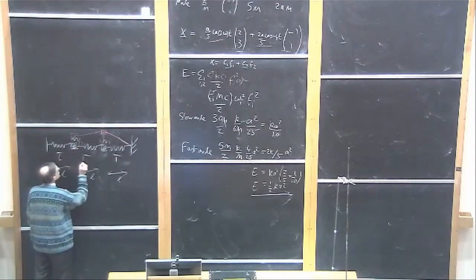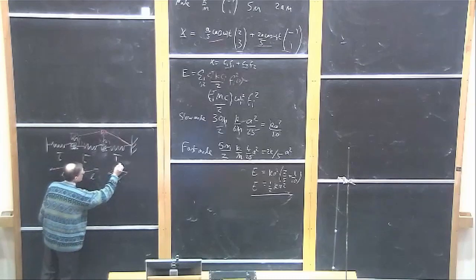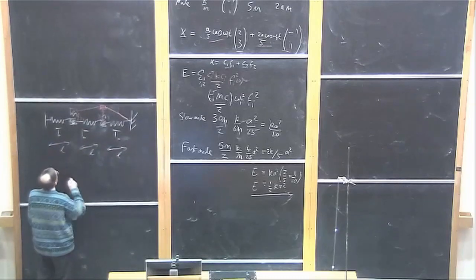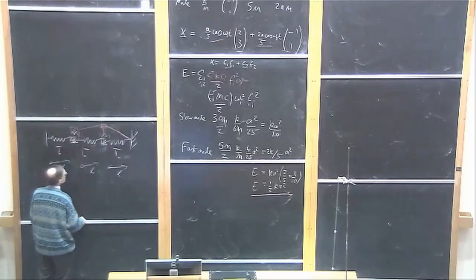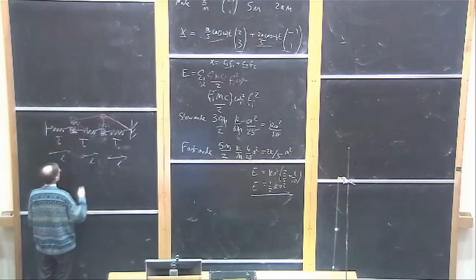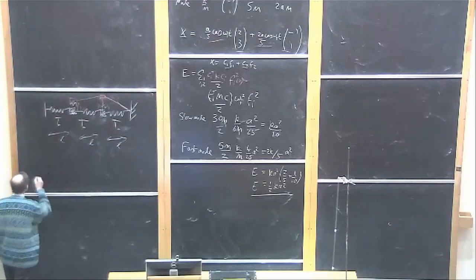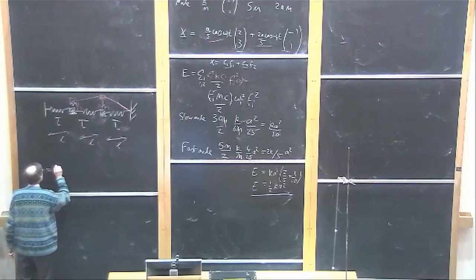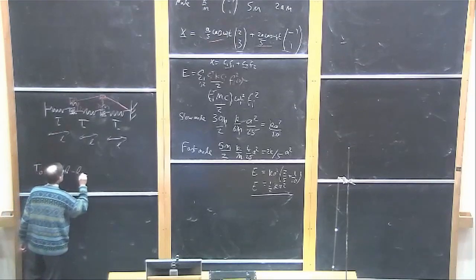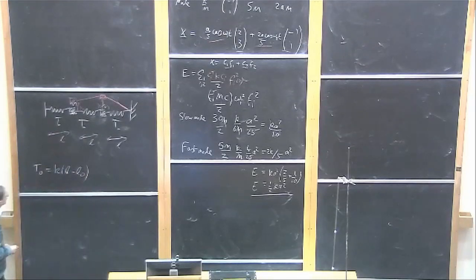I'm going to call these T0 at this stage, because I'm going to introduce the tension in this configuration as well. So here they're all equal to T0. So T0 is K(L minus L0). It's the spring constant times the extension from the unstretched length.